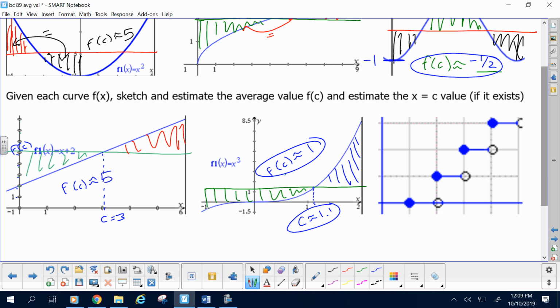Right. Last but not least, Katai, what's the F at C for the sixth graph? What'd you say? I am going to agree with you at one point, but isn't there an average Y value somewhere in here?